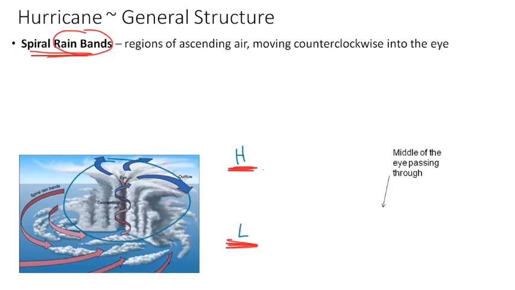Around the low, you can see it going counterclockwise. Around a high, it's going to go clockwise. So we're going to see these spiral rain bands associated with what's called the outflow of the storm going in a clockwise motion. So that's already kind of weird.